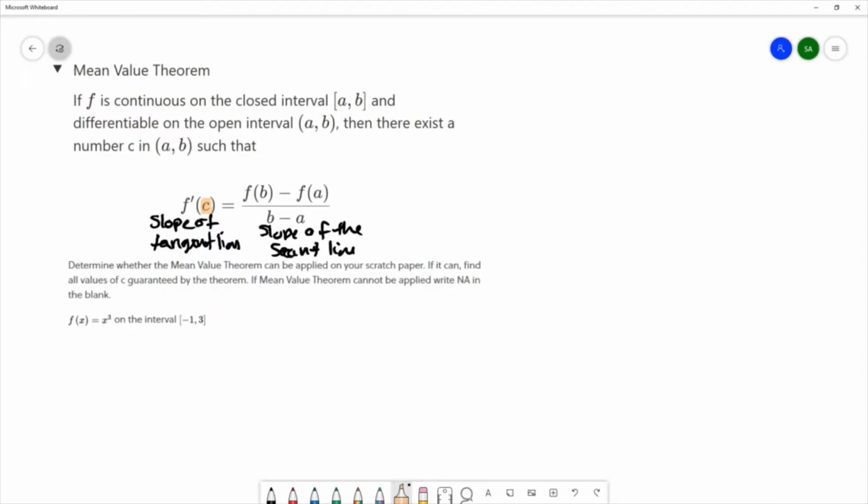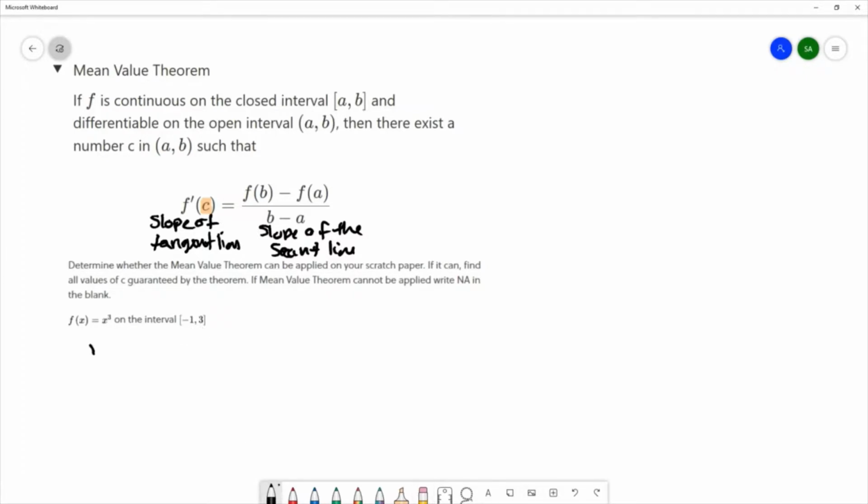So first let's decide if the conditions of this theorem are met. The function that we're dealing with in this problem is f of x equals x cubed, and our interval is from -1 to 3.